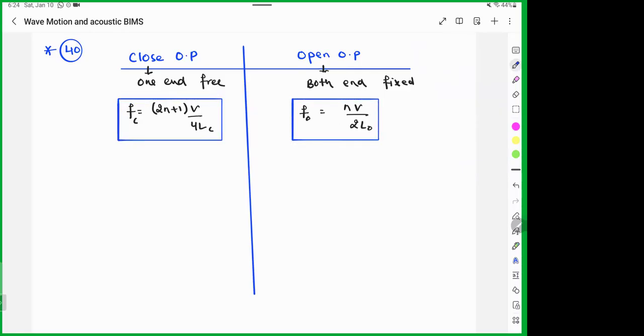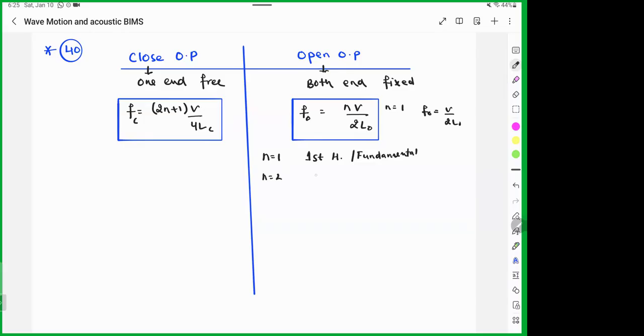Second, in open pipe, if n value is 1, your frequency will be equal to V by 2L. Such a situation is known as the first harmonic or fundamental mode.